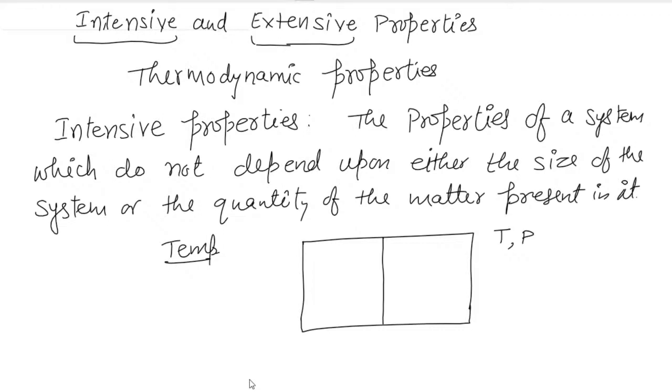Does it remain same or change? Okay, take volume as well. We divide it into two equal halves. So tell me now, what happens to temperature, pressure or volume? These three properties.